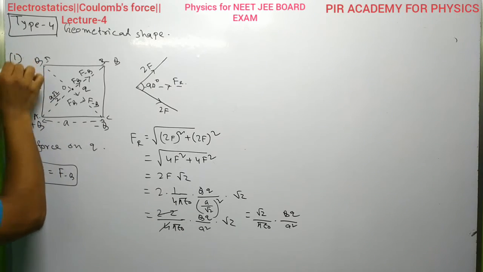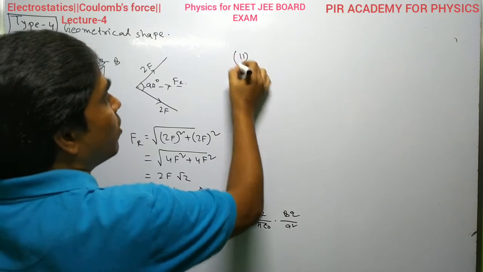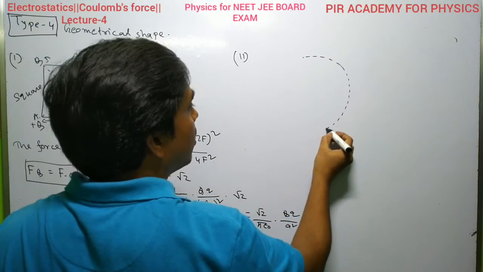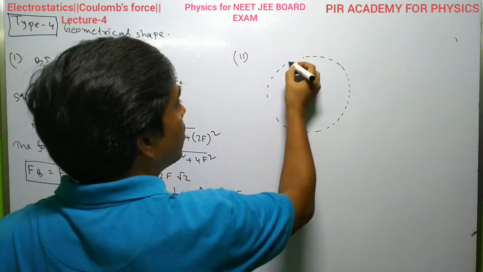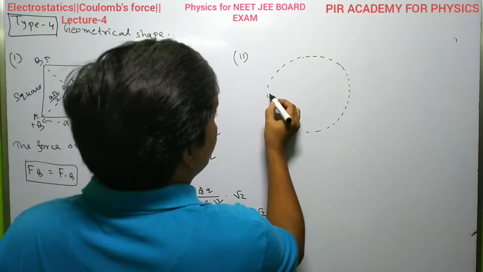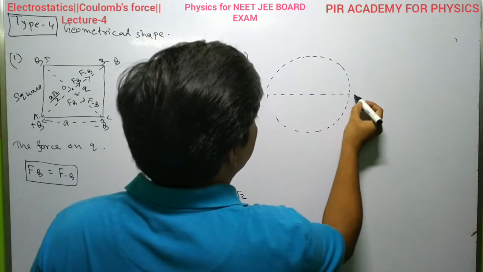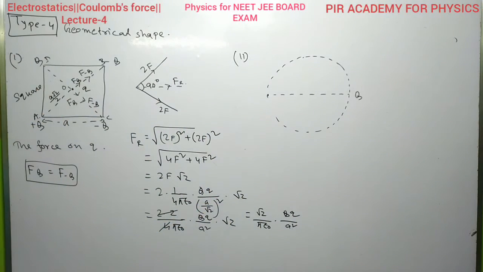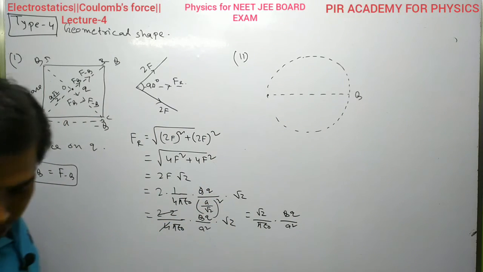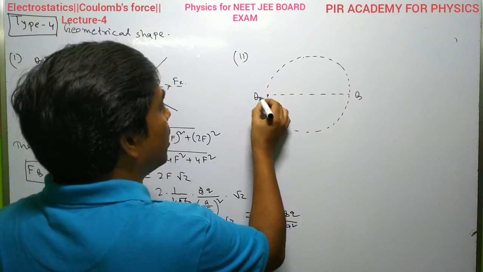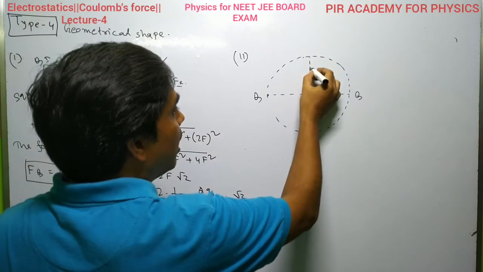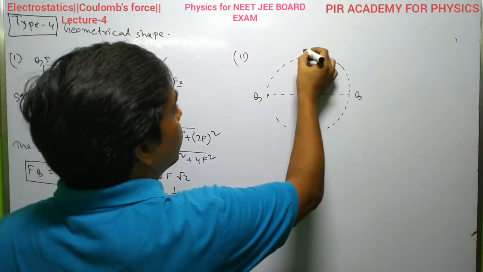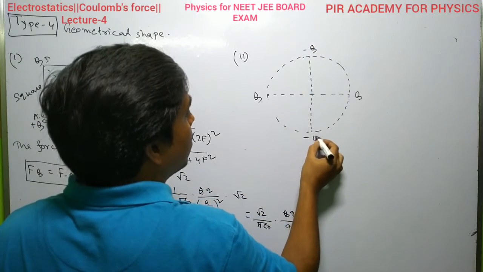Now this is number 1. Number 2, suppose this is a circle, the two charges are placed, here is suppose q and here is suppose minus q, here is another q, and along this is minus q, here is minus q.